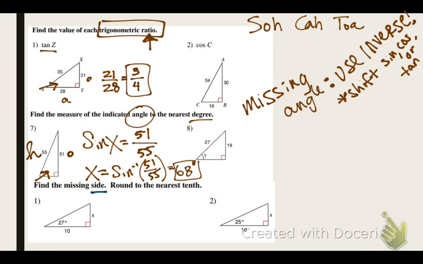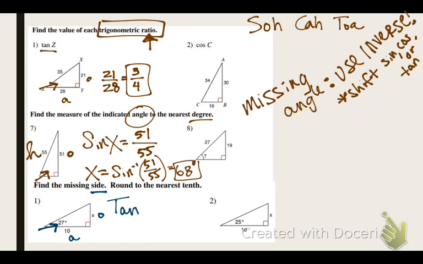Number 1 is from the second portion. Find the missing side. So you want to use the angle that was given to you, 27 degrees. Are you missing an angle? No, you're given it, 27 degrees. What kind of side is X? Opposite. What kind of side is 10? So SOH CAH or TOA? Tangent, because it's TOA.